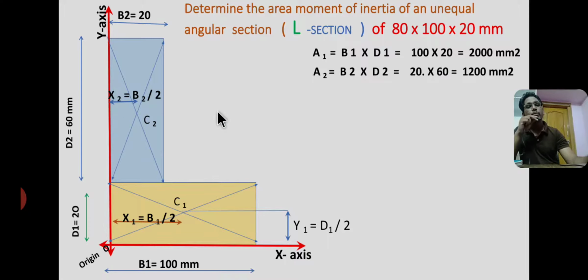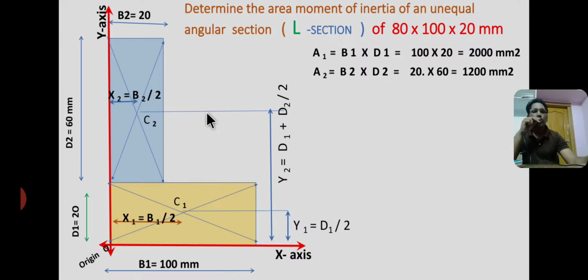Now y2 from the x-axis, the distance between centroid C2 and the x-axis, is y2 equal to the height of the bottom rectangle plus half of the height of the top rectangle. That is, d1 is the height of the bottom rectangle, so d1 plus half of the height of the top rectangle, d2 by 2.